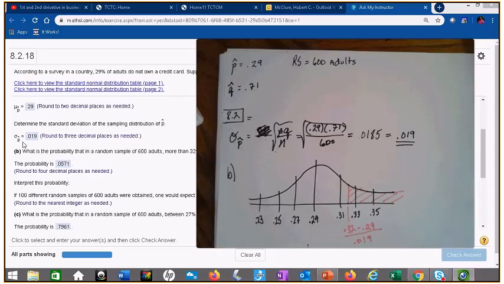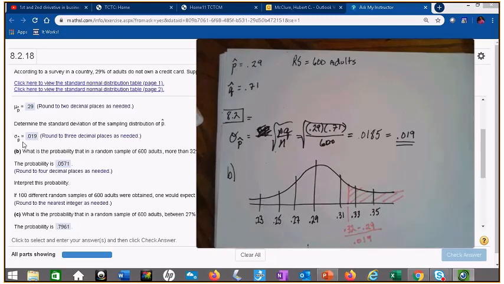Okay, clear. 0.32 minus 0.29 is 0.03, divided by 0.019.